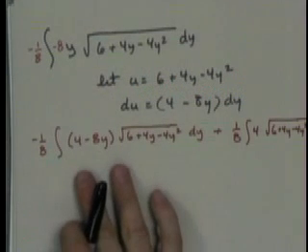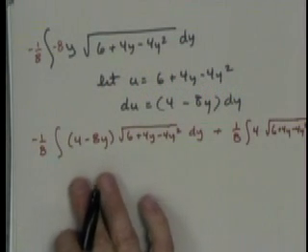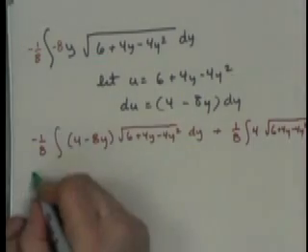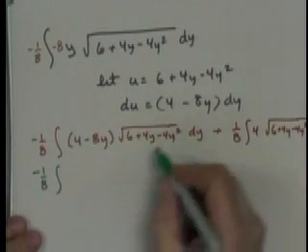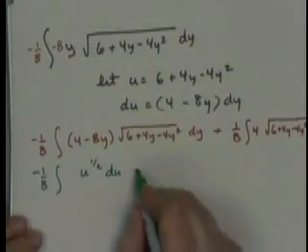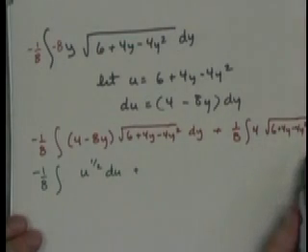Now, this one on the left we can do as a U-substitution. I can make this where I'm using two different ones. This becomes negative 1/8 times the integral of u to the 1/2 du. And here, I am going to try to rewrite it as the a squared minus u squared part.